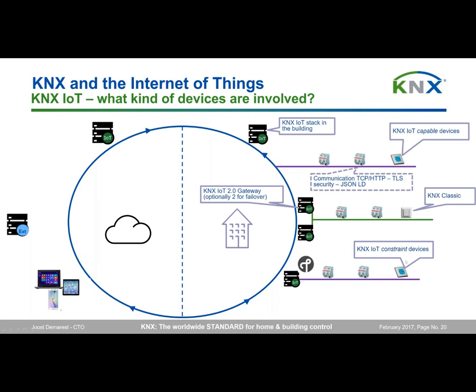Constrained devices are the opposite of capable devices. They don't have a lot of resources, and possibly they also are battery powered. So these devices could use Thread as a communication medium. They will use 6LoWPAN, UDP, and CoAP for communication.